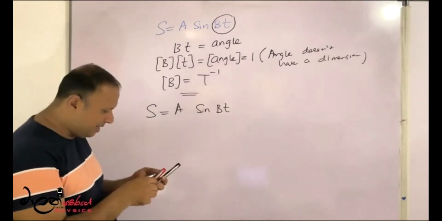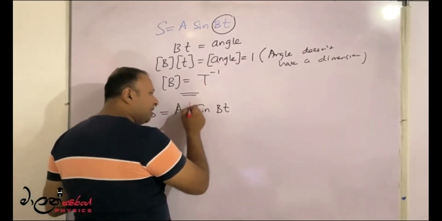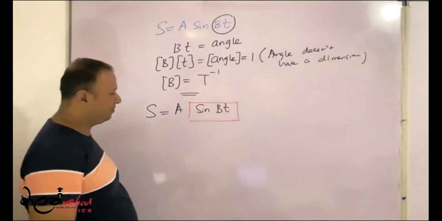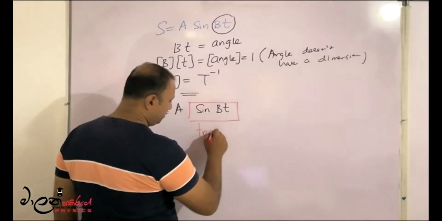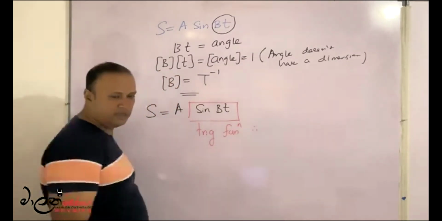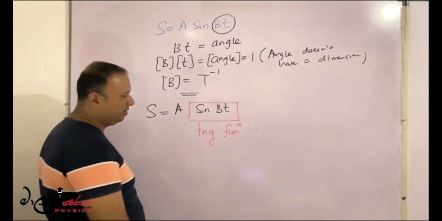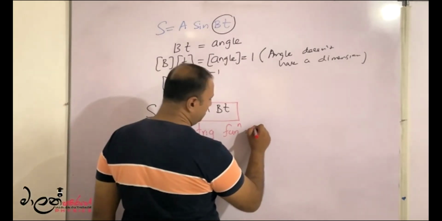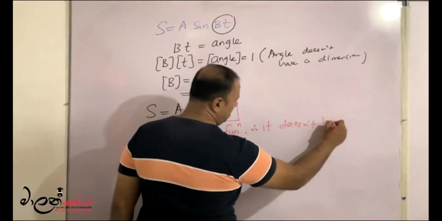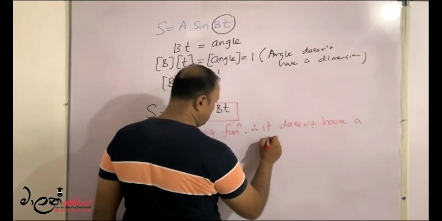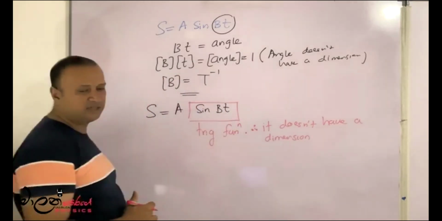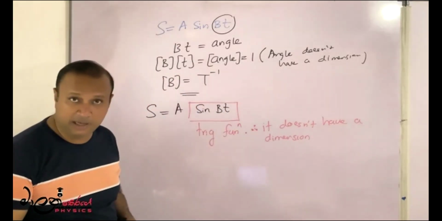The entire function is a trigonometric function. Therefore, it doesn't have a dimension. Trigonometric functions don't have a dimension.